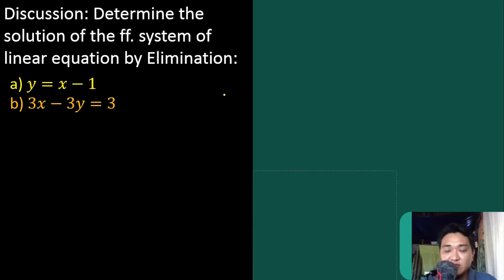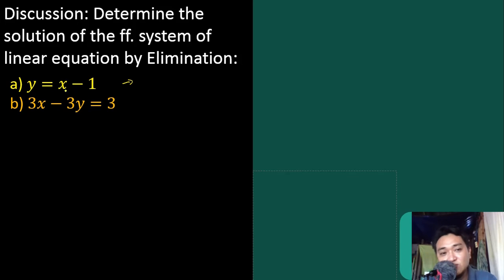Now, ano naman kaya yung mangyayari pagka sinolve natin silang dalawa by means of elimination, or paano yung ginagawa? Okay, so we have here y is equivalent to x minus 1, and here we have 3x minus 3y is equivalent to 3. Ang gagawin natin, kailangan may makancel tayo, di ba? Yun yung objective ng elimination. Kailangan may makancel tayong isa, and para may makancel tayong isang variable, kailangan magkawangki muna sila.